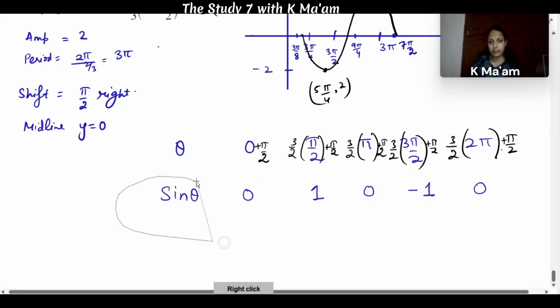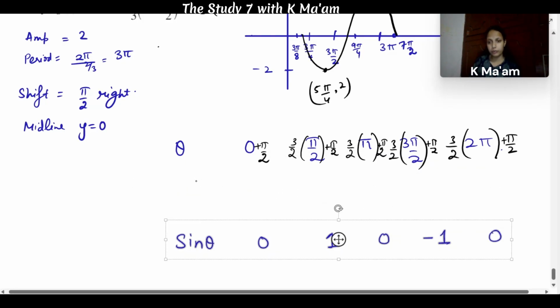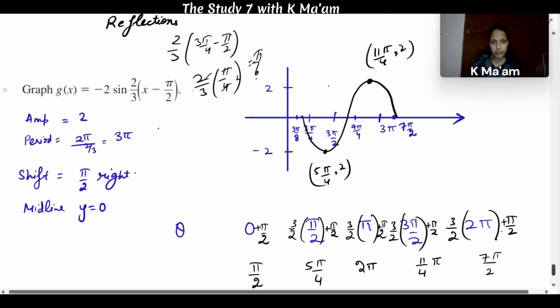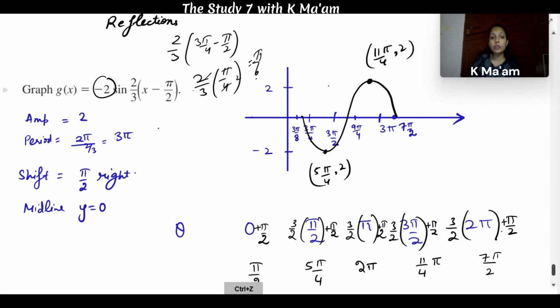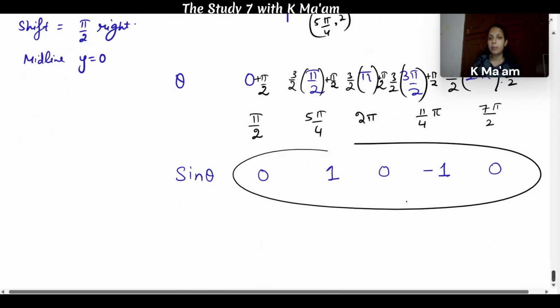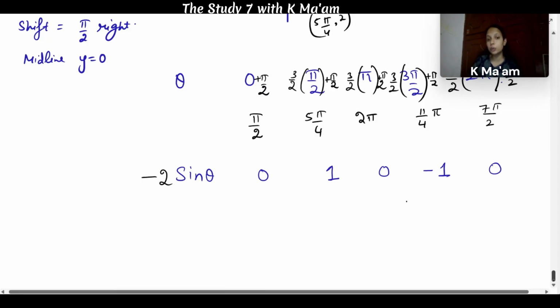I'm calculating this. So I'm getting these after solving. Okay. So now this part is done. This one, minus 2, is a vertical change. So the values 1, 0, minus 1 are multiplied by minus 2 now.